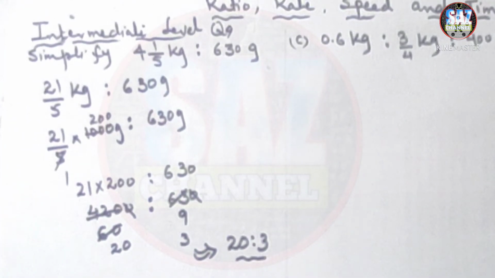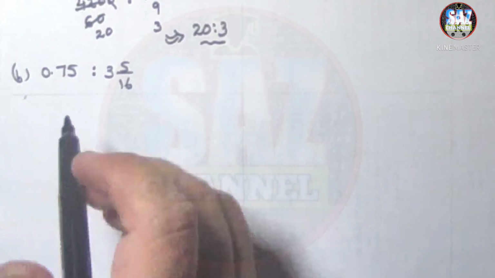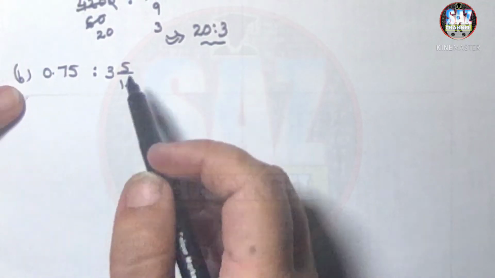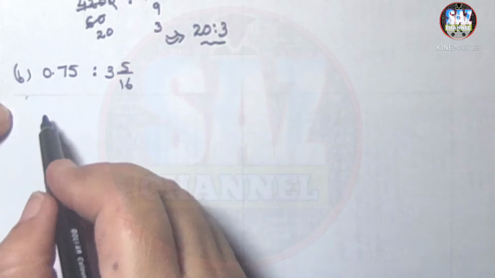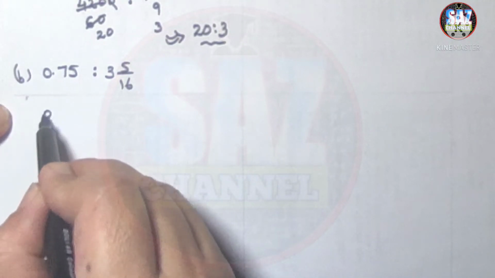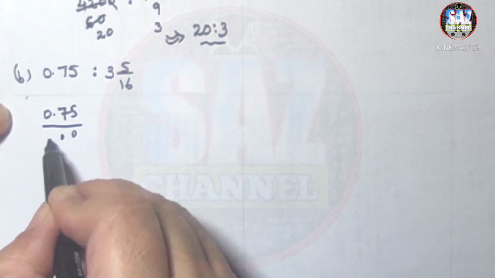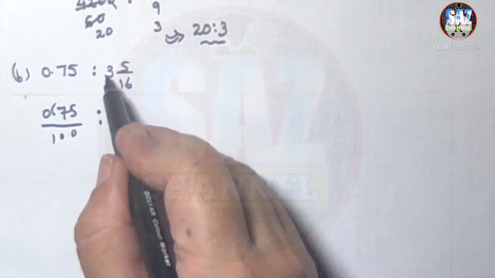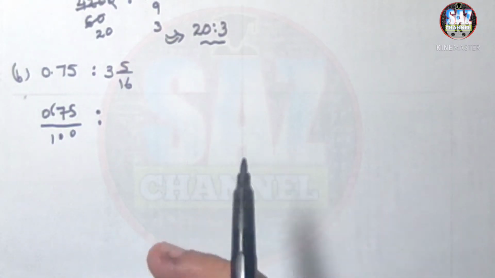And moving to the second part, that is 0.75 ratio 3 whole 5 by 16. Again, one quantity is in fraction and one is in decimal, so we have to make the form of the question same. So 0.75, I have to remove the decimal first. This will become 75 by 100. Ratio 16 3s are 48, plus 5, 53 by 16.